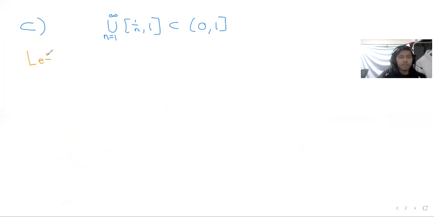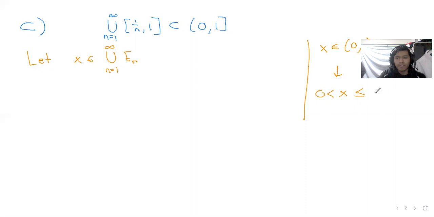So we will let our x exist within the union of E_n, and our goal would be to get that x into the other side, which is equivalent to x being greater than 0 and less than or equal to 1.